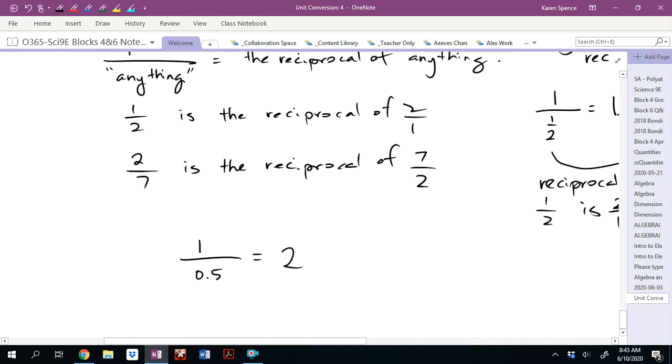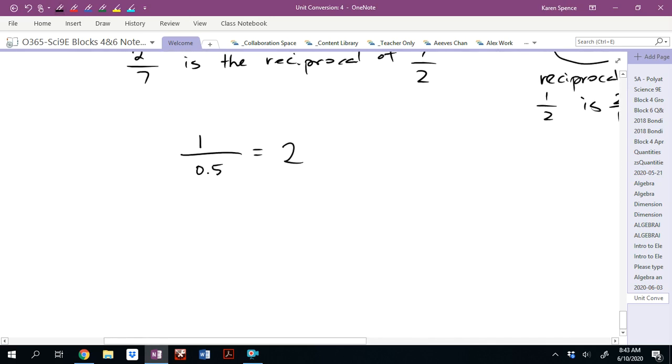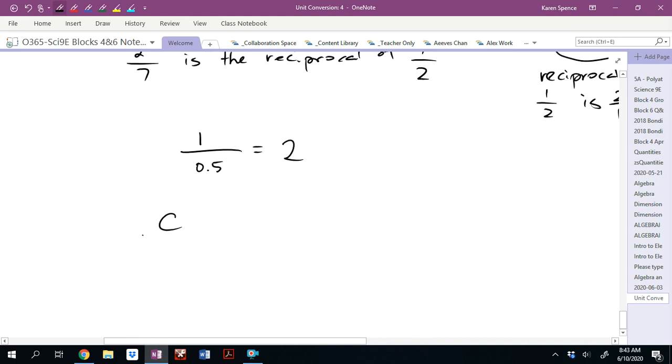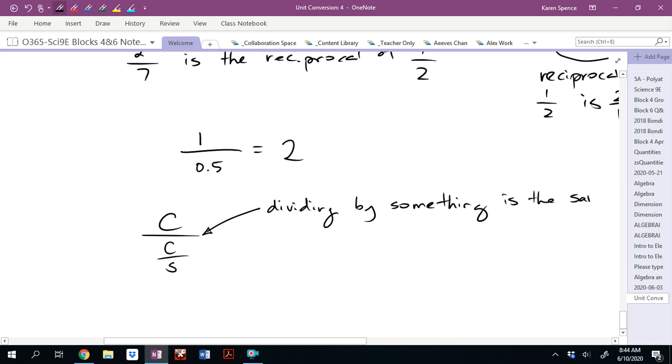Now we're going to take this back into the context of units, because remember we had coulombs over coulombs per second. And remember, dividing by something is the same as multiplying by its reciprocal.